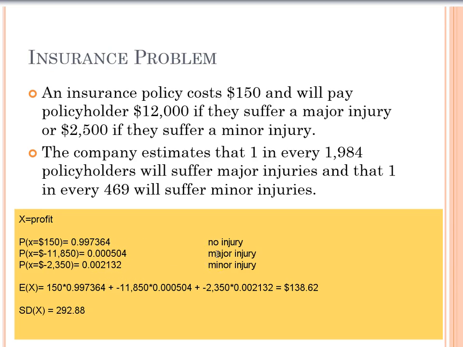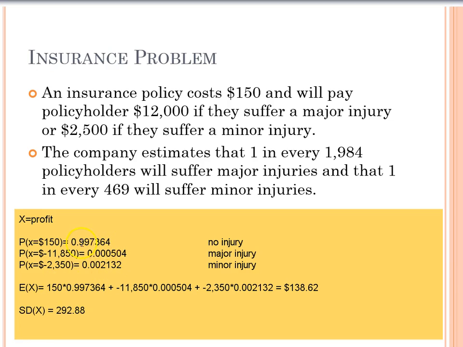You can calculate major injuries as 1 over 1,984. The probability of suffering those minor injuries is just 1 over 469. So that's how I got these 2 numbers. The top number then is just 1 minus these 2 numbers because these 3 numbers have to sum up to 1.